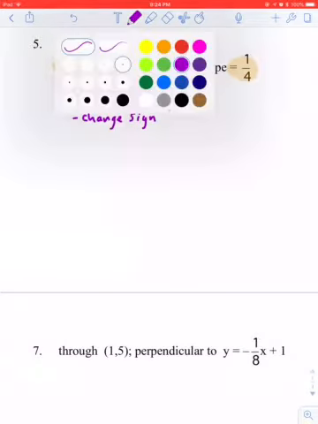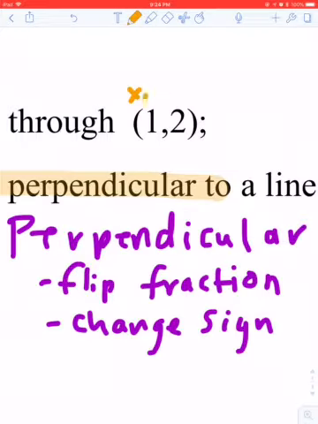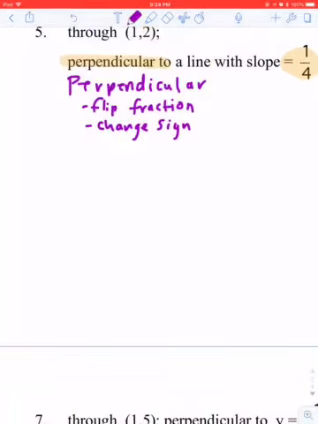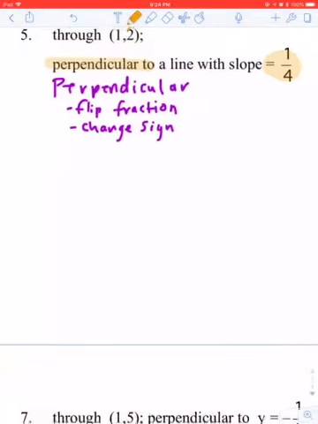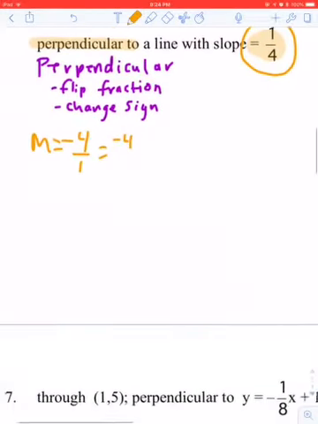So for number 5, and again we have x1, y1 here. So first thing, we need to identify our m. Here our slope is 1/4. That means our m is going to be 4/1, because we flip our fraction, and then changing the sign, which is the same as -4.